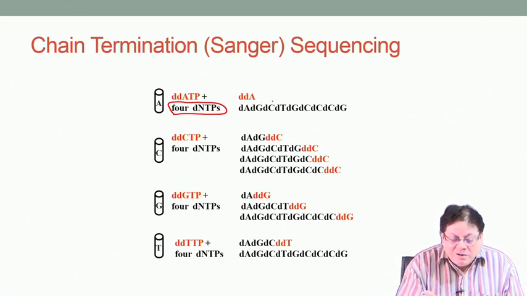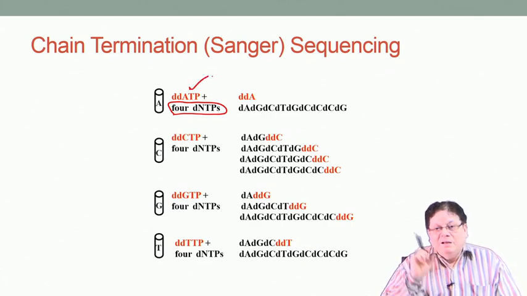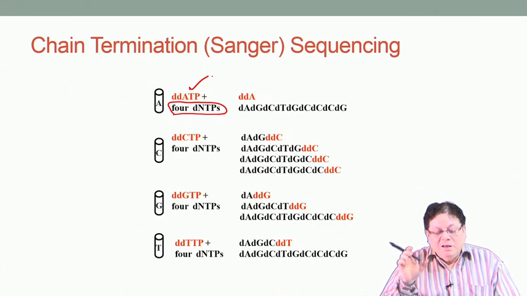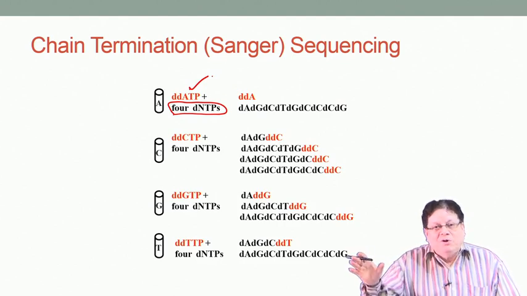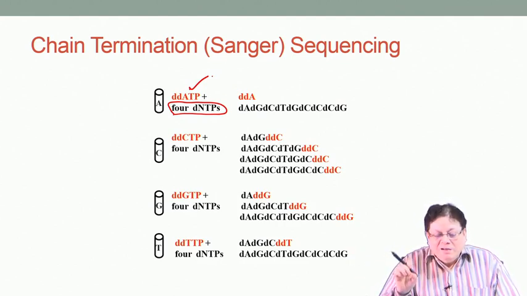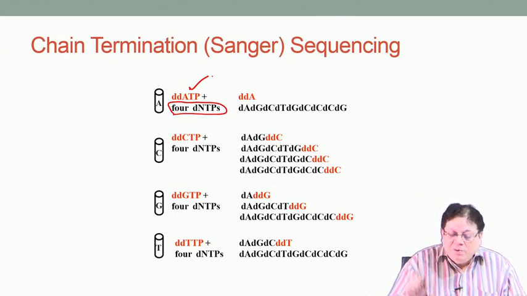But in addition, what you add is DDATP. If you add DDATP, then the chain will terminate whenever there is a requirement of A. There is a possibility of termination. I am not saying that it will always terminate. Some will take the correct A and that will proceed forward, but where the enzyme picks up the wrong A, that means the dideoxy, the chain will terminate.